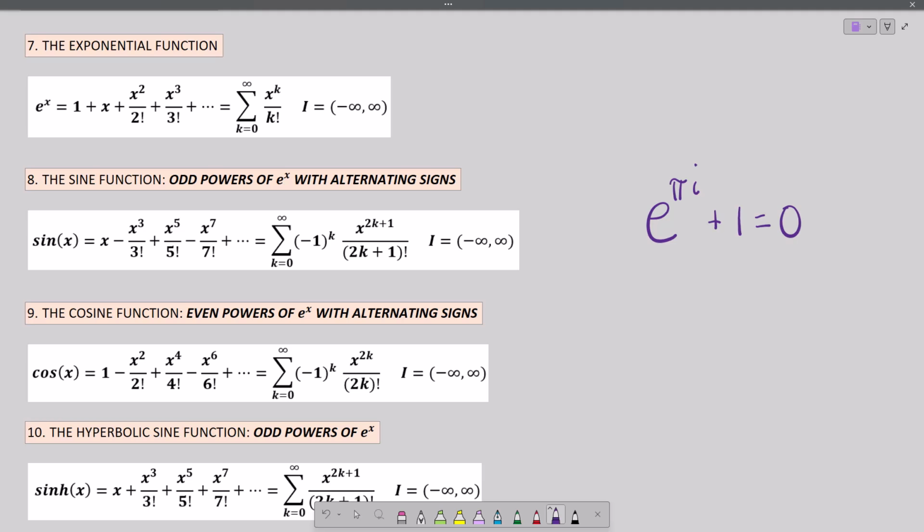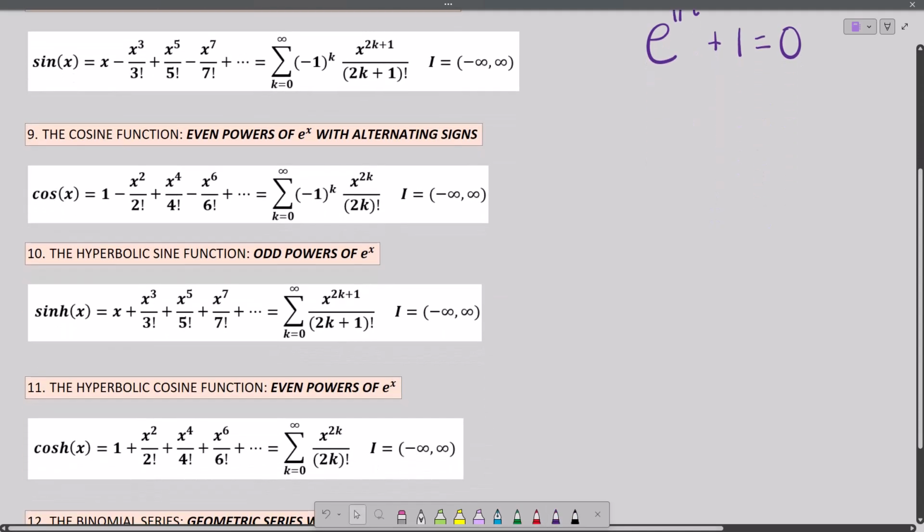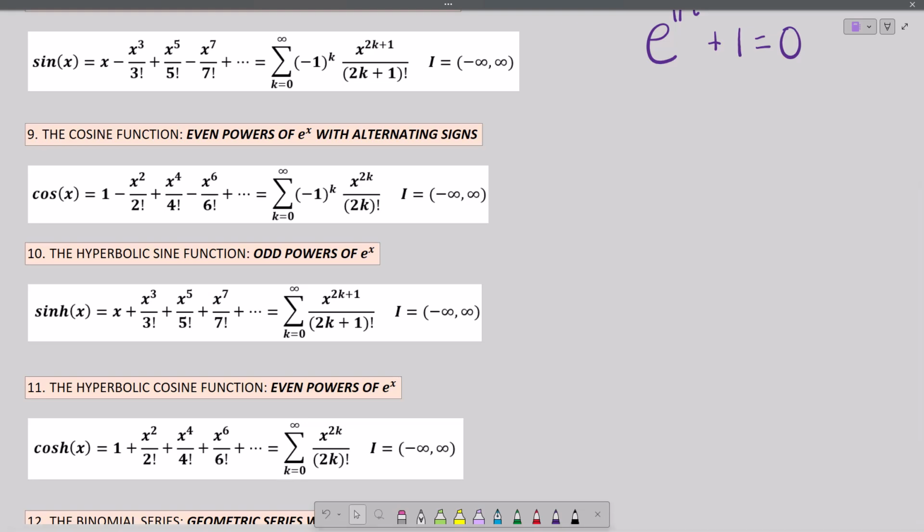Now look at sine, cosine, and sinh and cosh. The power series for sine and the power series for sinh are identical except no switch. The power series for cosine and the power series for cosh are identical but no switch. Which is why you start to understand why they name the hyperbolics as they do, because they are so closely related to the circular functions.